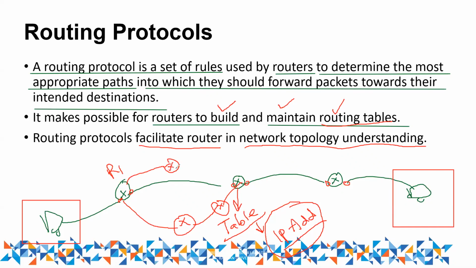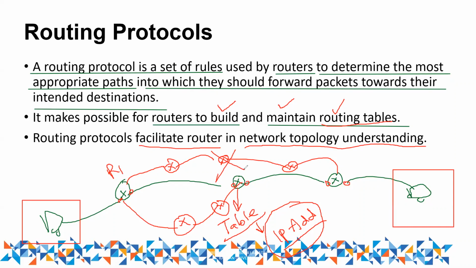If multiple paths are available, definitely the routing protocols will help it, okay? And who will help this router to know when any of the routers goes down, or is replaced, or changes its IP address? The routing protocols will facilitate R1 to understand these topology changes, okay?